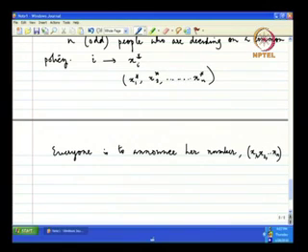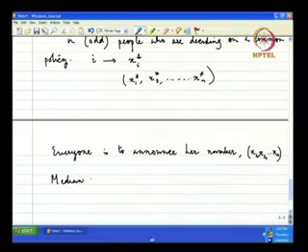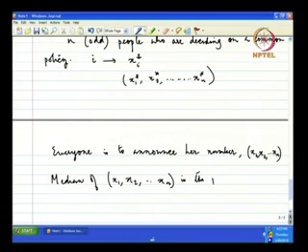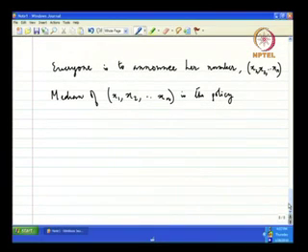So, these are the announcements made by each player, and based on these announcements, the common policy is decided. How is it decided? The median of x1, x2 ... xn is the policy. All right. So, people announce their numbers, and then the median of those numbers is taken to be the policy of the group.